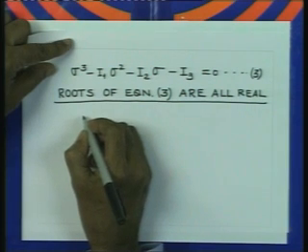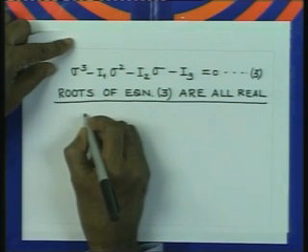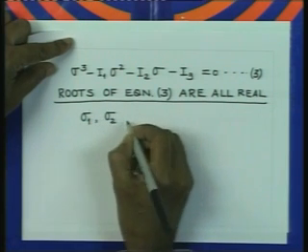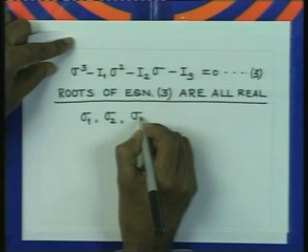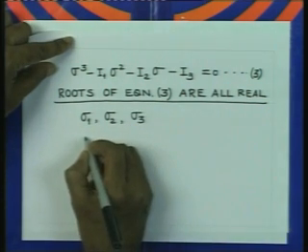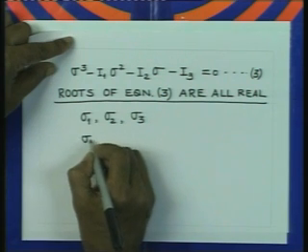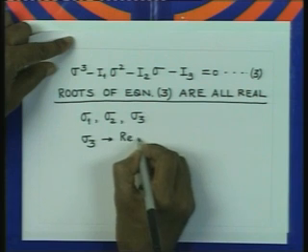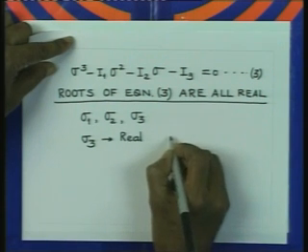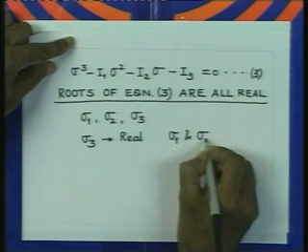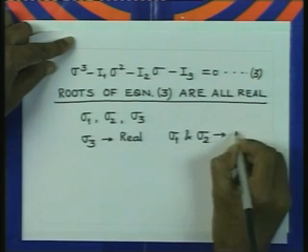Let us assume that the 3 roots are again sigma 1, sigma 2 and sigma 3. Let us consider that sigma 3 is real, but sigma 1 and sigma 2 are complex.